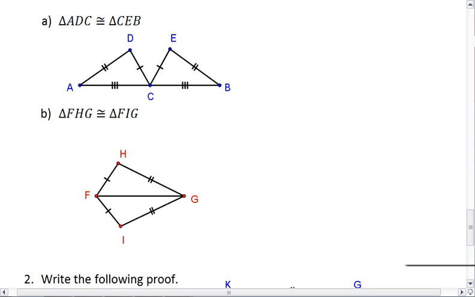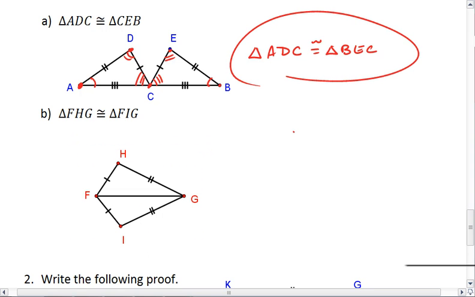In part A, we have triangle ADC congruent to triangle CEB. Well, what we actually see is that if we're looking at triangle ADC, angle A corresponds to angle B. Angle D corresponds to angle E, and angle C in this left triangle corresponds to angle C in the right triangle.